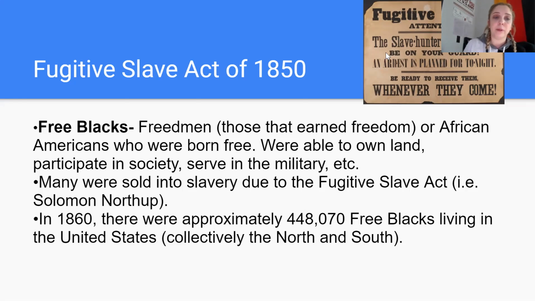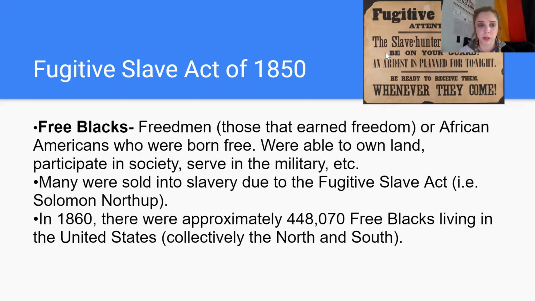But again, free blacks could be sold into slavery due to the Fugitive Slave Act. The 12 Years a Slave writer that we read about last week, Solomon Northup, is a perfect example of somebody who was a freedman, but who was then captured and enslaved for 12 years. So that's huge, right?